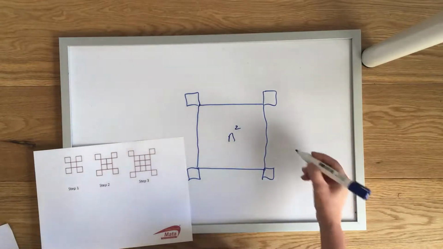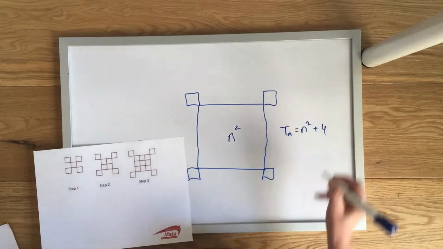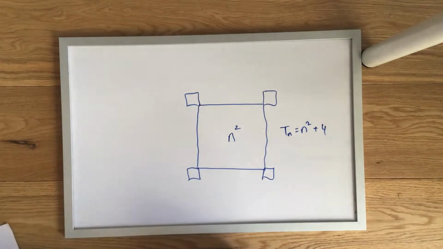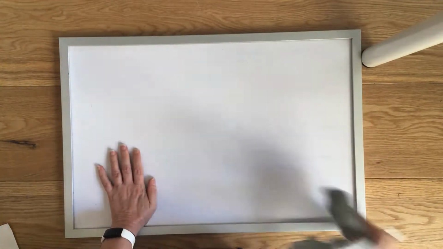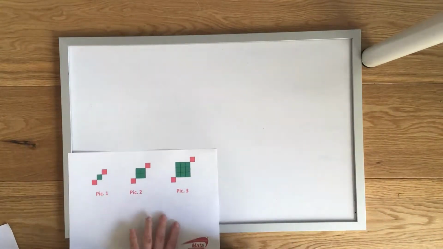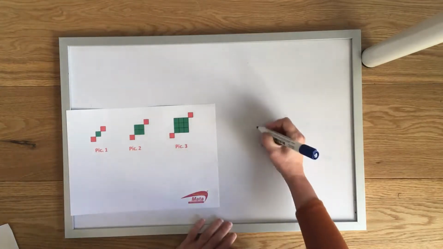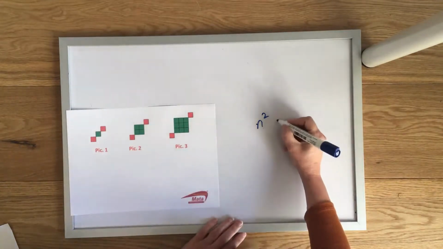So overall our general term is going to be n squared plus 4 more. A 1 square, 2 square, 3 square, so we expect an n square plus 2 red ones to be added in.